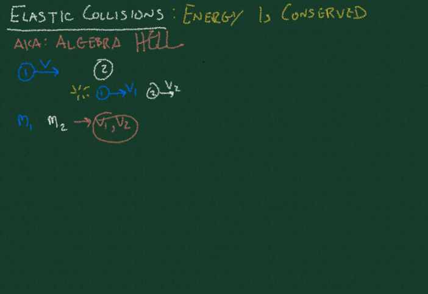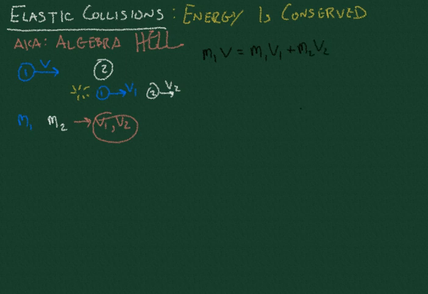The first equation is m1 v, mass 1 times the velocity, because this is the initial momentum, it's all in the first mass, is equal to the momentum of the first mass after the collision plus the momentum of the second mass after the collision.